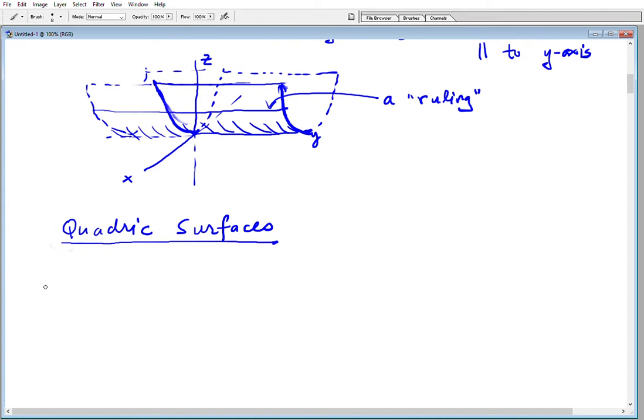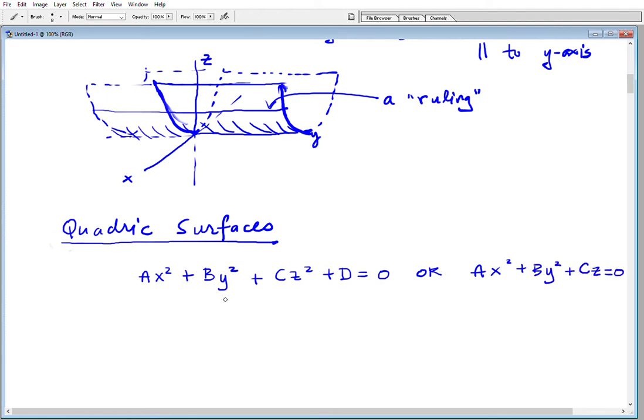Okay, so quadric surfaces are of this form. Quadric meaning degree 2, all right? You have some degree 2 variables. They could be that form, or you could have ax squared plus by squared plus cz equals 0.